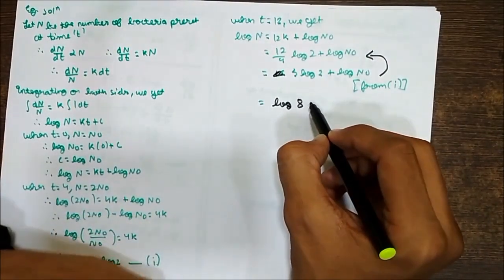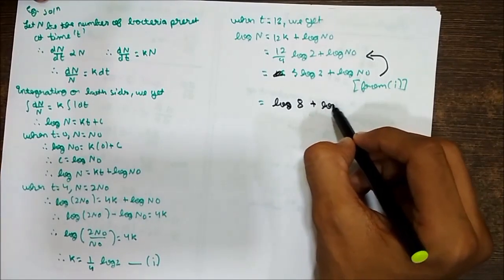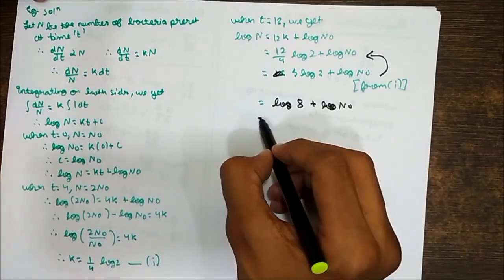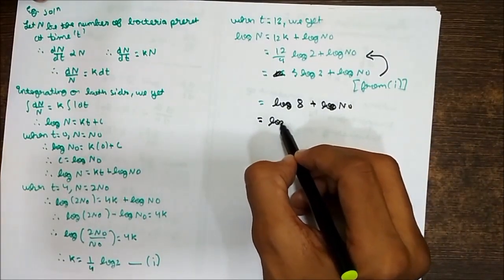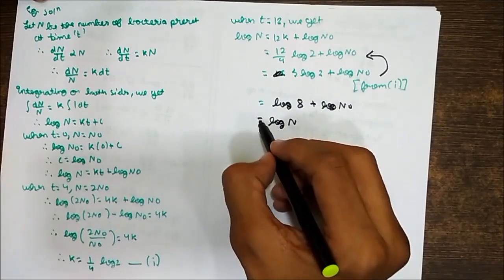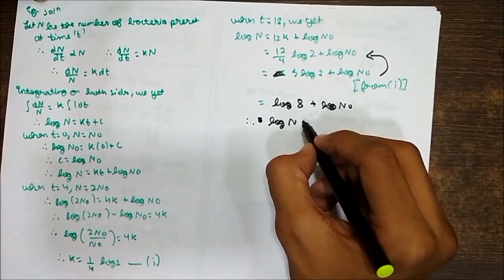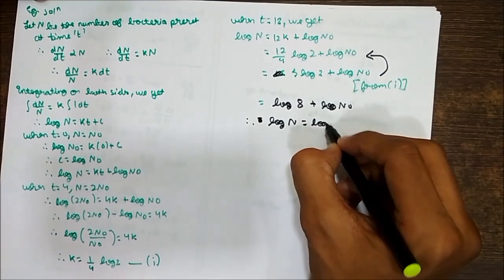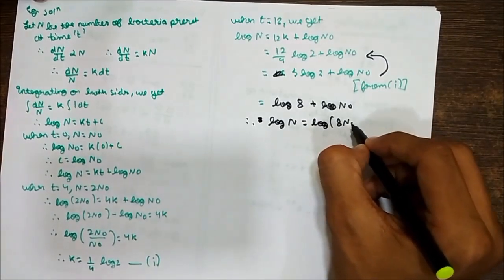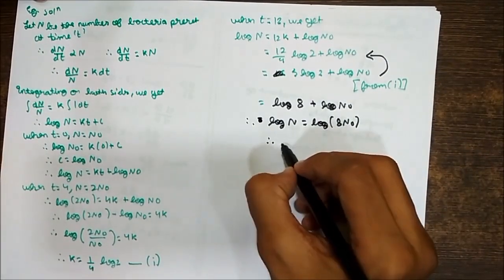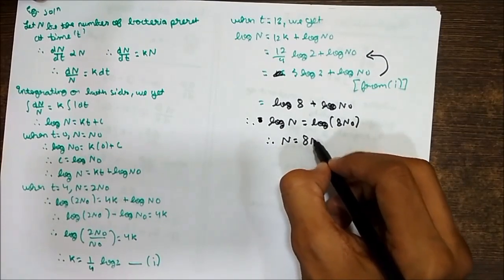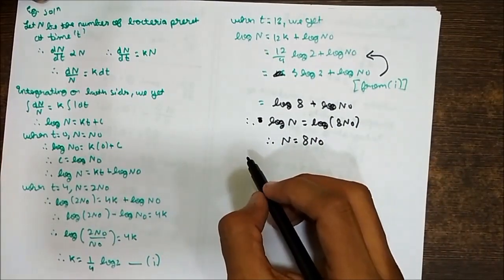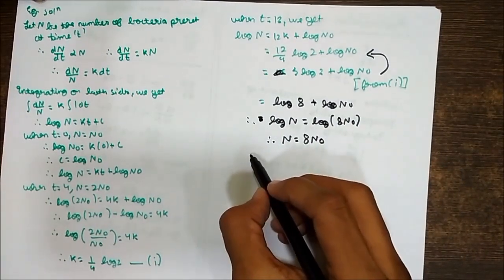That will be log 8 plus log n0, which is log of n, equal to log 8n0. Therefore, n is equal to 8n0. Thus, in 12 hours, bacteria has increased to 8 times.